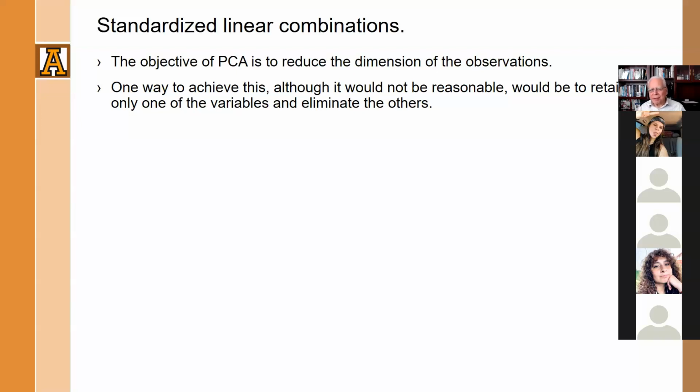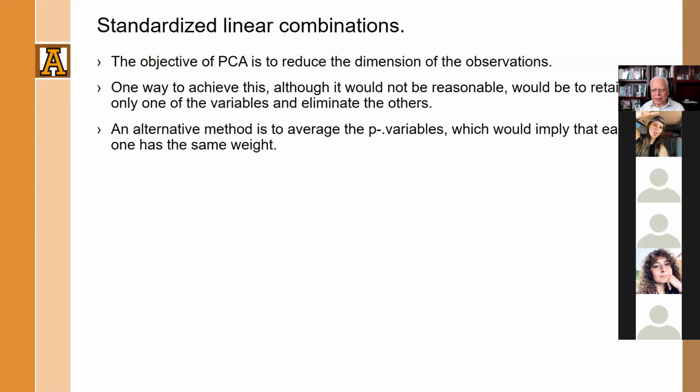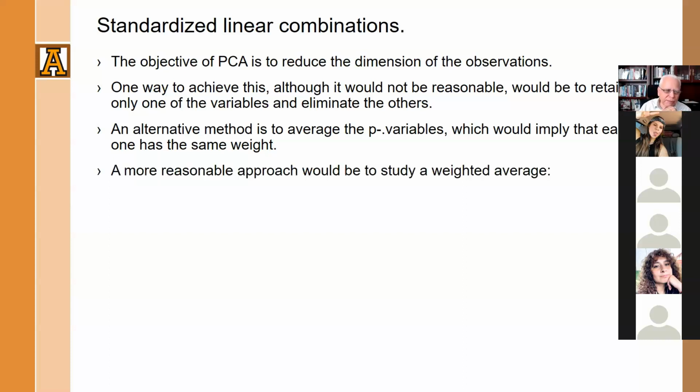Say, if I have p variables, I can reduce dimension by just considering one. Or I could just consider the average of all the variables, which would imply that each one has the same weight. Instead of looking at the p variables, I look at their average. But those are not reasonable ways to reduce dimension.